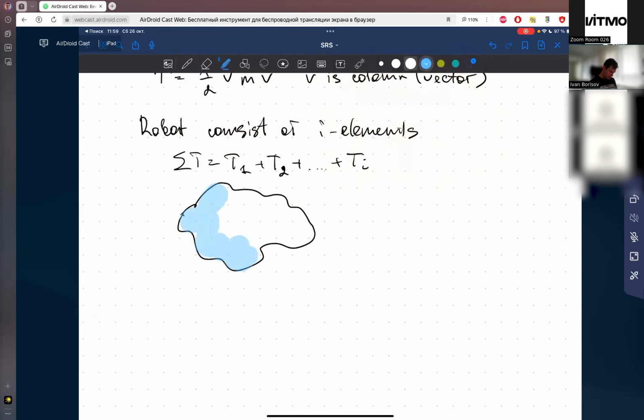So this will be our body. Okay. And let us consider a very tiny piece of this body, which is called an infinitesimal piece. It's the tiniest piece that you can consider.